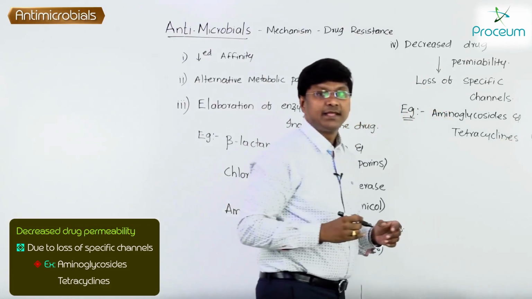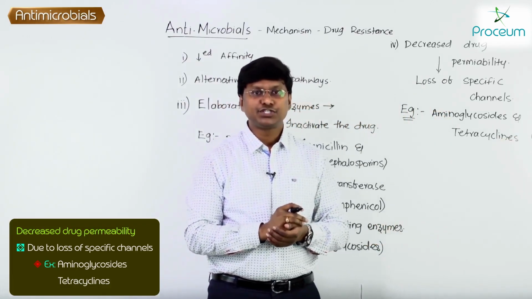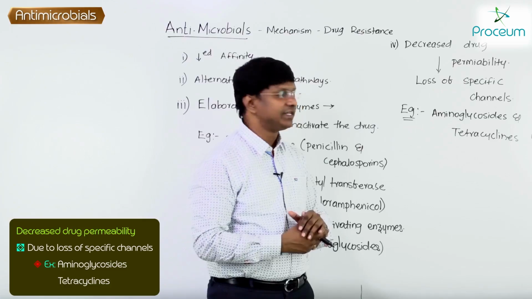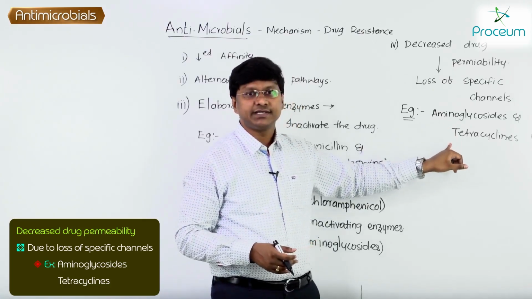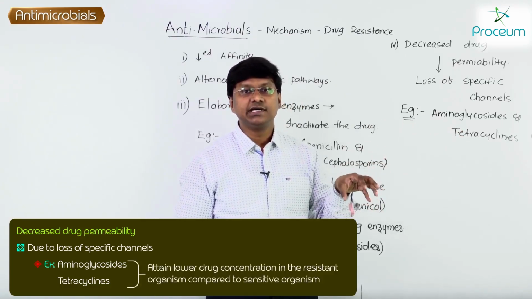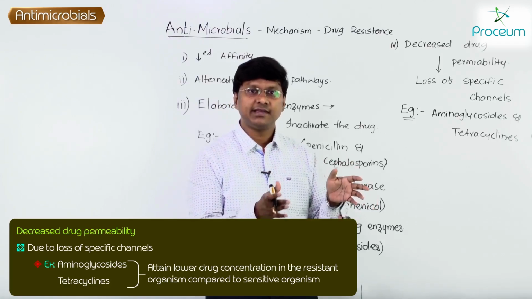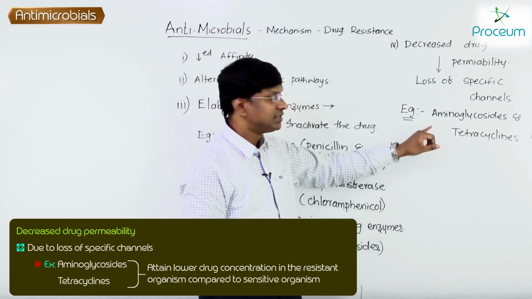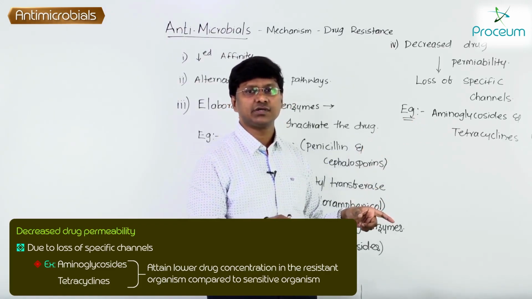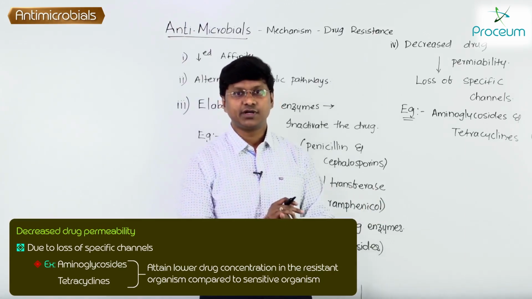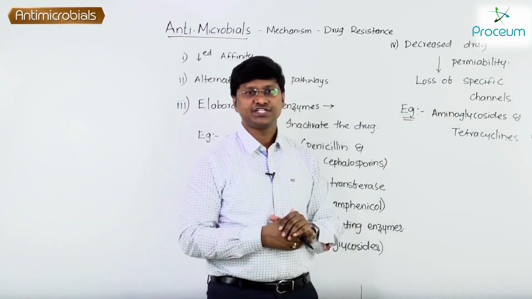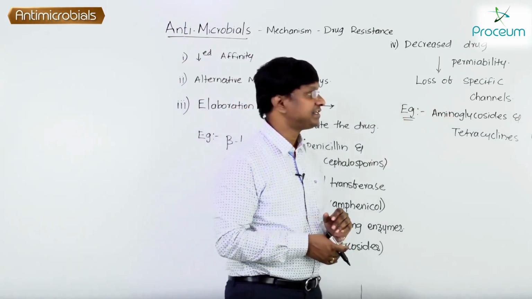Remember, they attain decreased drug permeability. How do they develop? These aminoglycosides and tetracyclines attain lower drug concentration in the resistant organism than in the sensitive organism. And what is the mechanism? That is due to loss of specific channels.